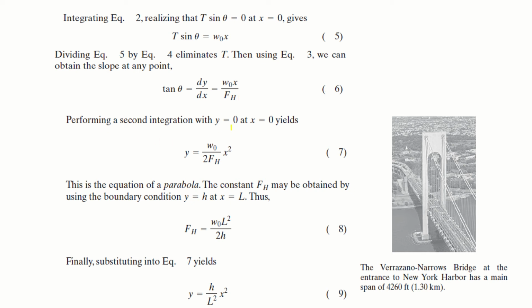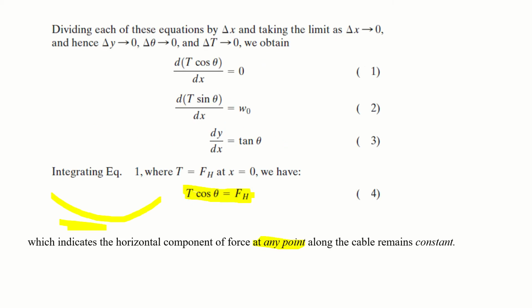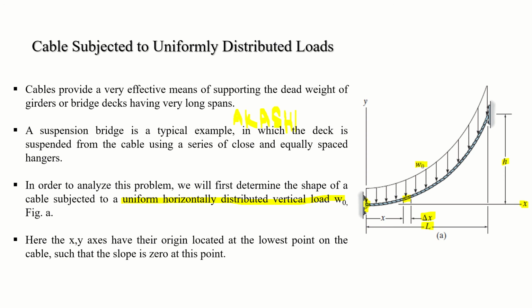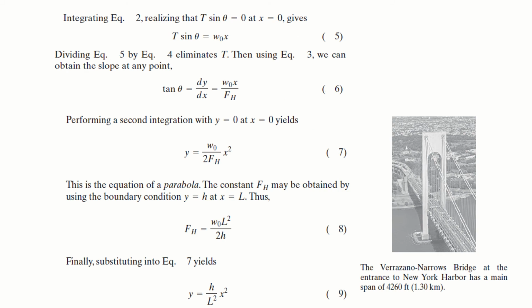Performing a second integration with y is equal to 0 at x is equal to 0 yields the following. See, this is your first boundary condition, that when x is 0, then y is also 0. So when you integrate it, since dx will go to this side and you will apply integration, the integration of a constant is y as you are doing with respect to y, and here this dx is integrated with respect to x.